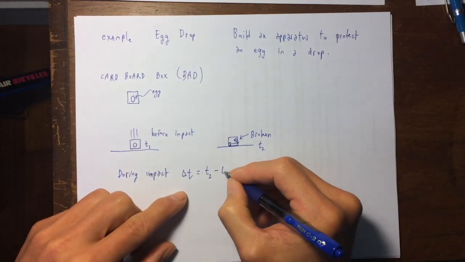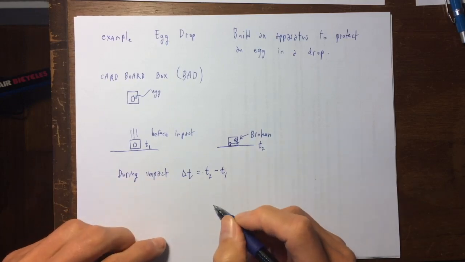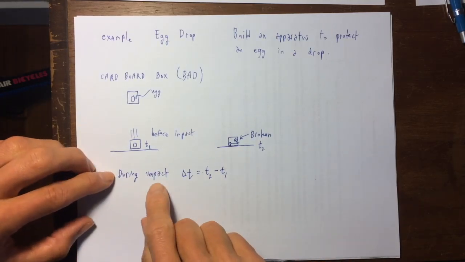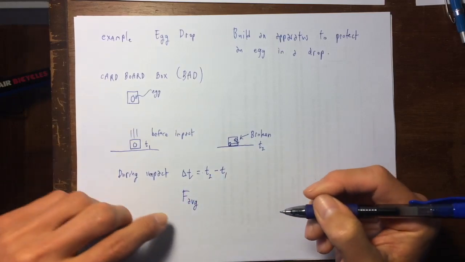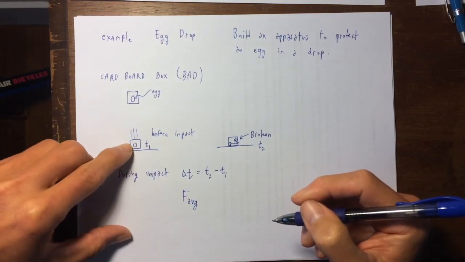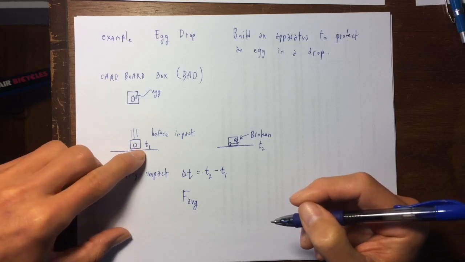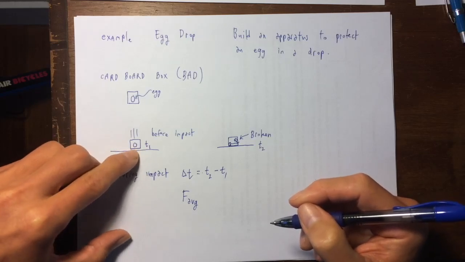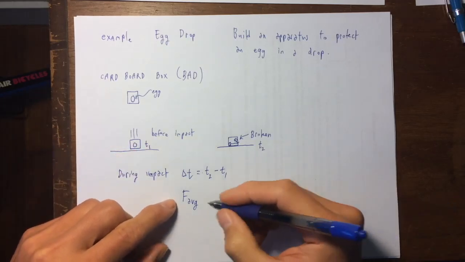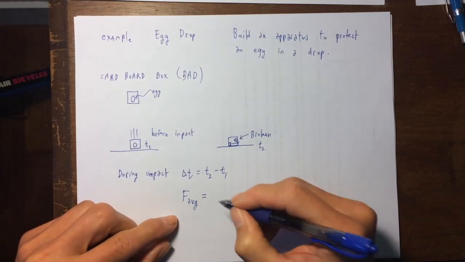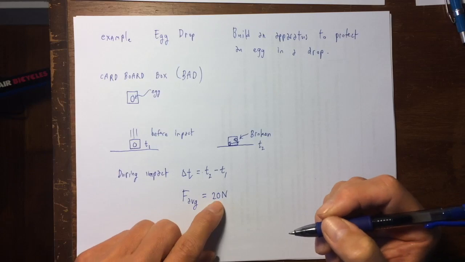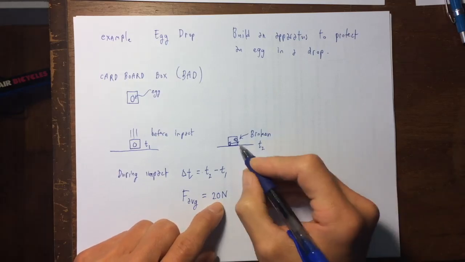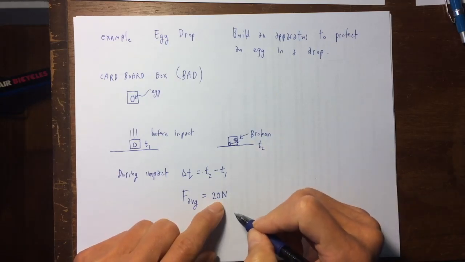So t2 minus t1 is our delta t. And during the impact, the average value of the force on the egg, especially by the bottom of the cardboard box, may have been 20 newtons.